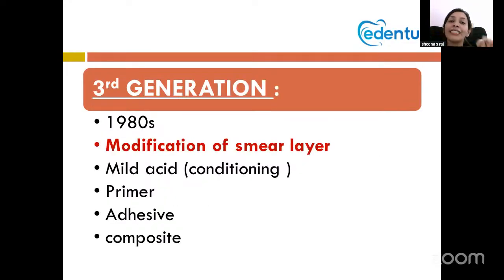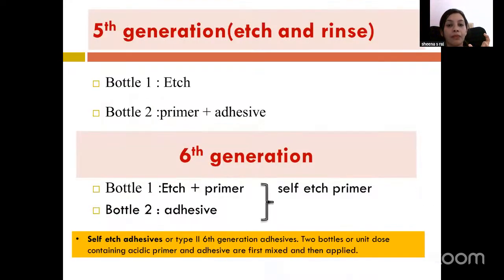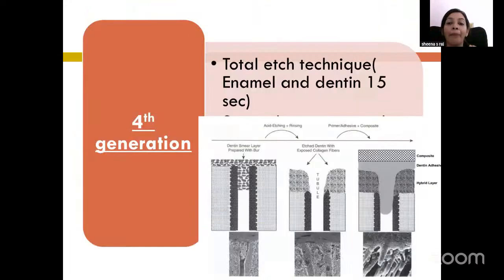Third generation, they started to modify the smear layer with conditioners. There came the conditioners. Fourth generation was the total etch technique where the enamel and dentine were etched for 15 seconds and the smear layer was removed. But in the case of third generation, it was just modified. And here there came the hybrid layer concept.